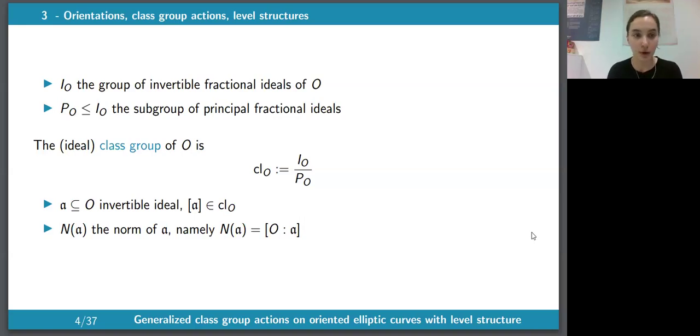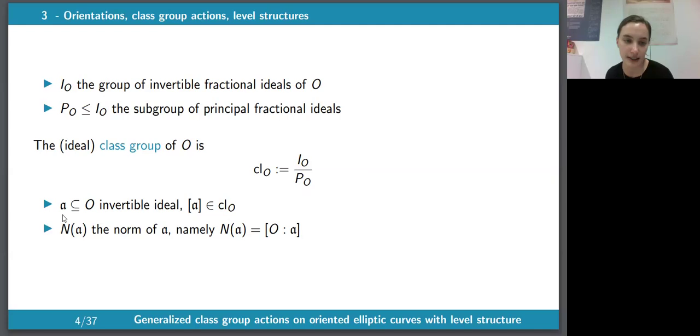Let me now recall the definition of the class group of an order O. We take the group of invertible fractional ideals of O, and we quotient it out by the subgroup of principal fractional ideals of O. I will use this Gothic font to indicate an invertible ideal of an order O, and I will use brackets when I want to indicate a class for that ideal in the class group of O, or maybe later on some other more general notion of class group.